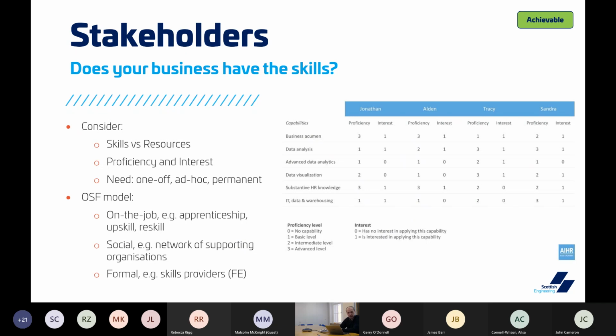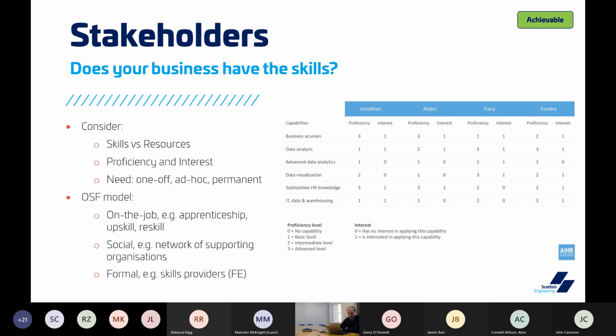And then you need to think how I'm going to get those skills. So that's the OSF model we talked about in the past. And it could be all for on the job. Think about apprenticeship. Think about upskilling or reskilling of your current workforce. Social is about networking. So this is exactly what we're doing today.